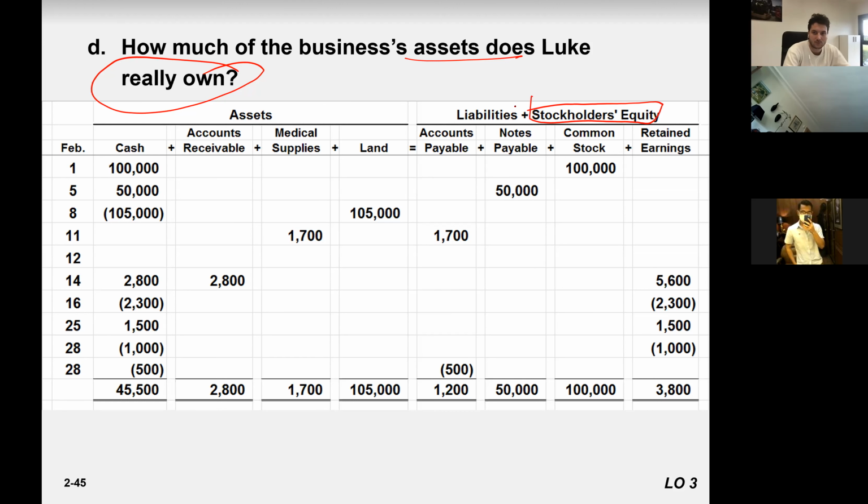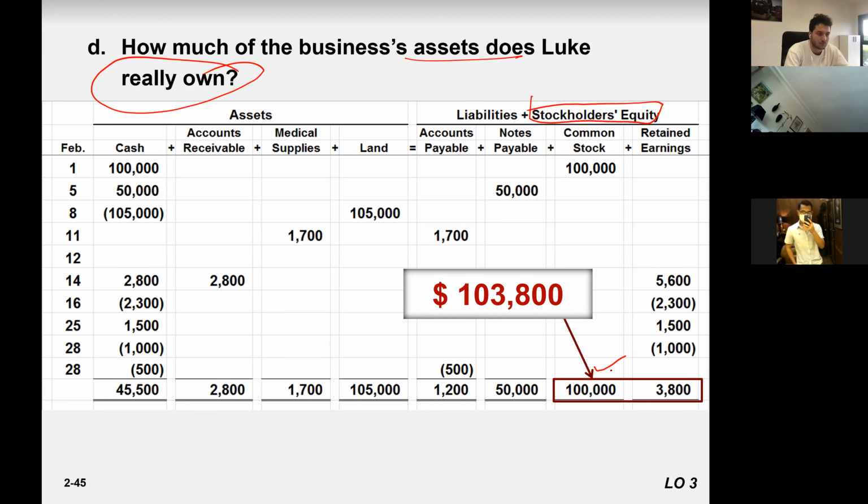Common stock plus retained earnings, which is the insider claim. Understand? Any question? All clear.